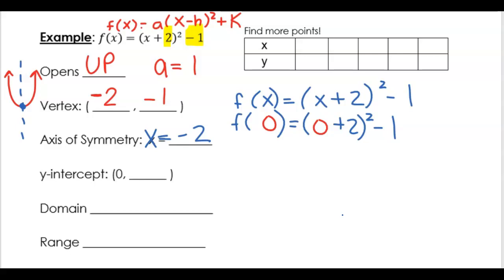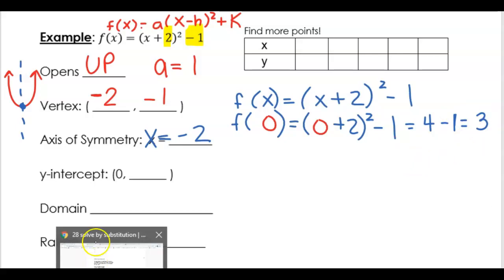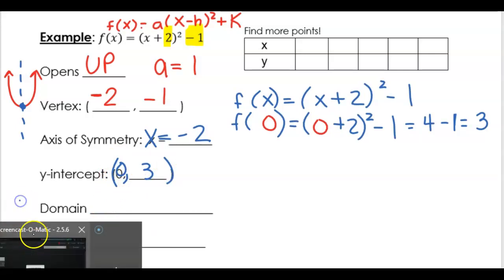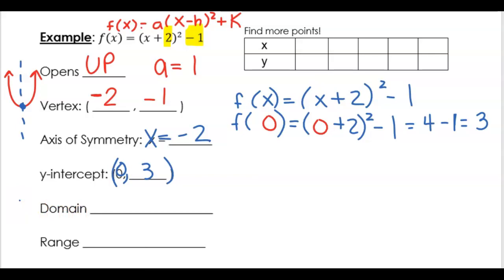To find the y-intercept, you substitute in place of x a 0. So what is this? 0 plus 2 is? 2 squared is? And then you have the -1, and what's 4 minus 1? So my y-intercept is (0, 3). We'll do the domain and the range in just a minute when we draw the graph, because that's what we're going to be doing next.